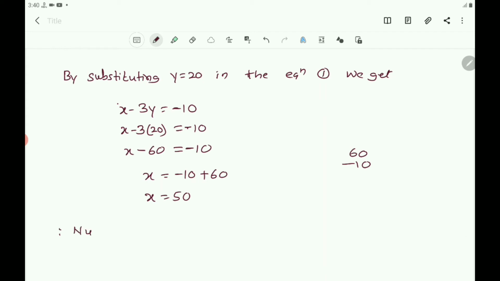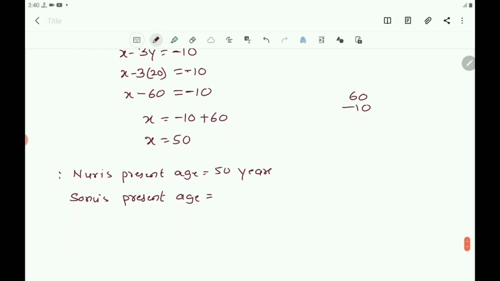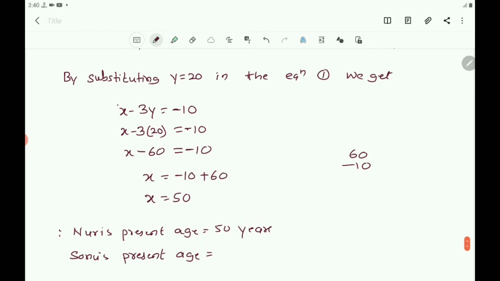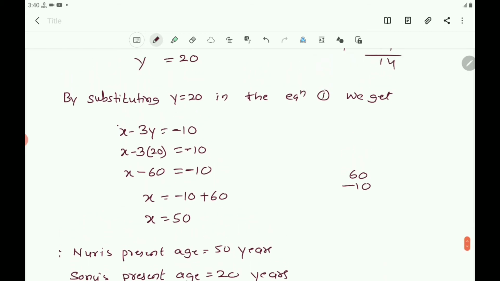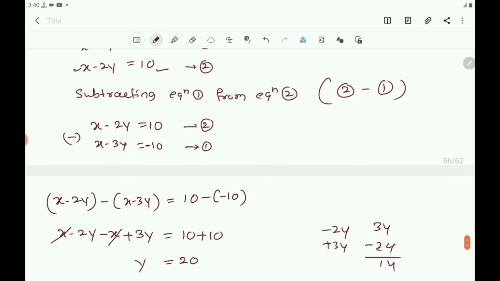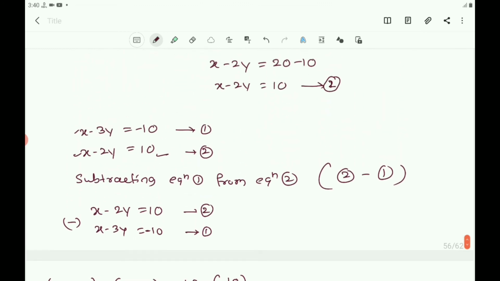Therefore, Nuri's present age equals 50 years and Sonu's present age, that is y, equals how much? 20 years. So here you can verify the answer if you want to clarify it.